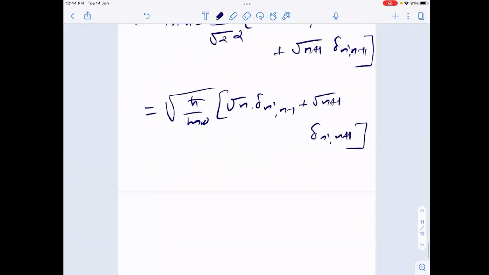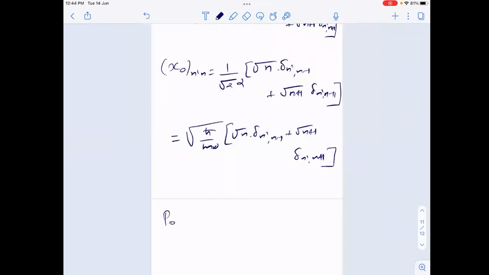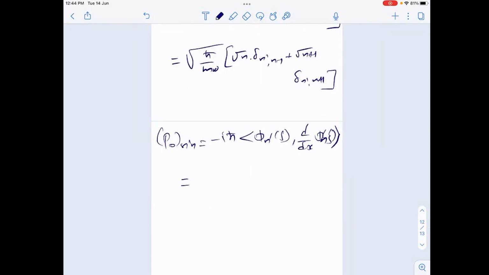Fine. Similarly, you can find for p0 n dash n, which is minus i h cut integral phi n dash chi d by dx phi n chi. Okay, minus i h cut, it will turn out chi is alpha times x.